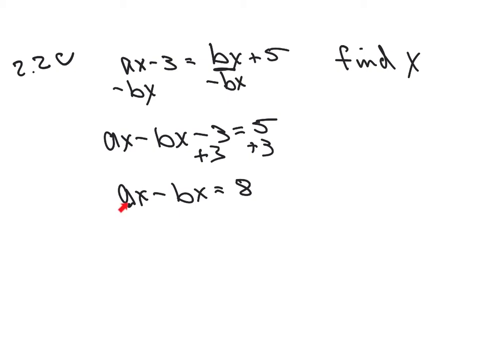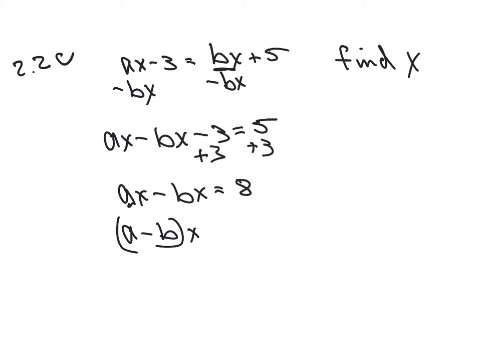Each of those numbers represents a and b, so we can't subtract them. I suppose we could subtract those with the x there, but it doesn't give us anything. It doesn't help us with anything.